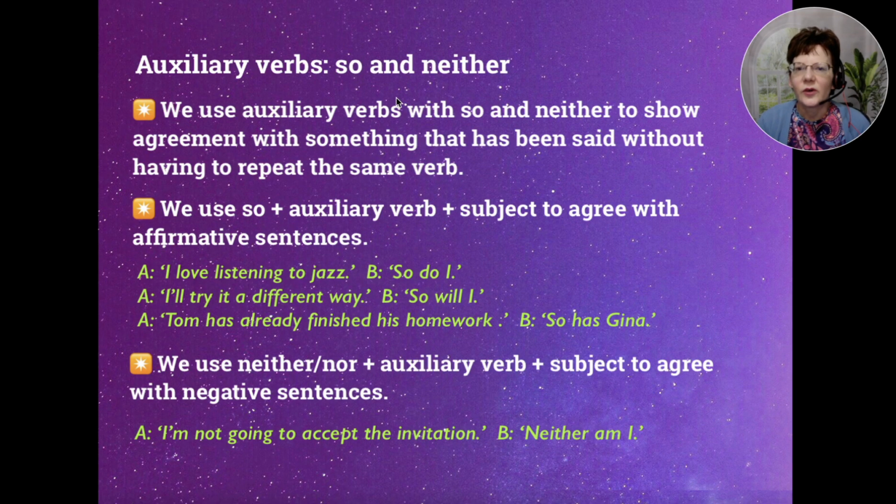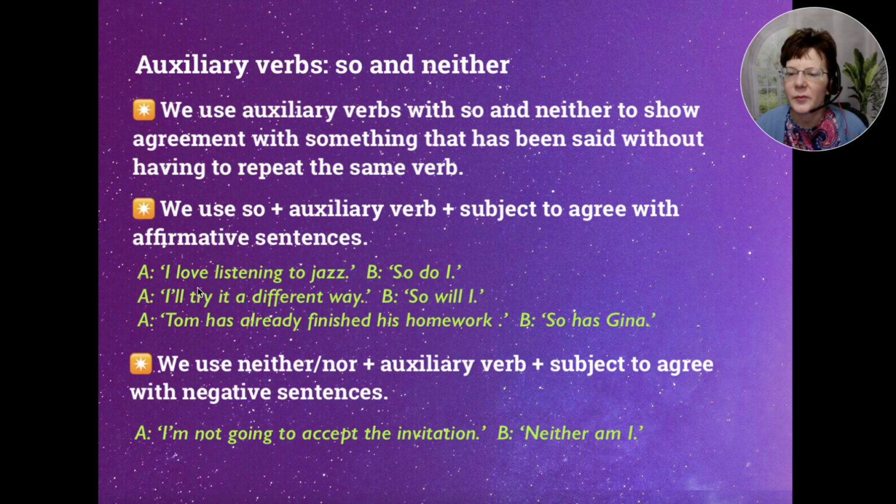Okay, auxiliary verbs: so and neither. We use auxiliary verbs with so and neither to show agreement with something that has been said without having to repeat the same verb. We use so plus an auxiliary verb plus subject to agree with affirmative sentences.